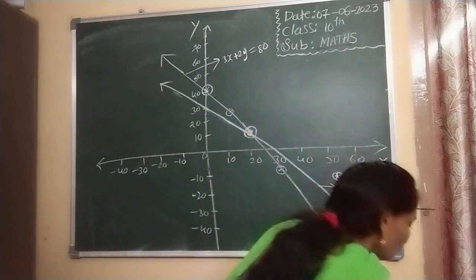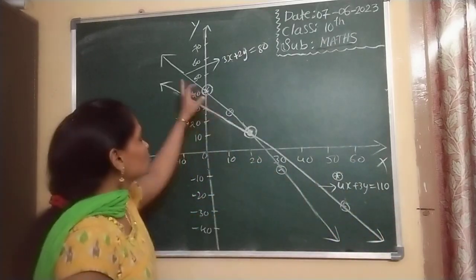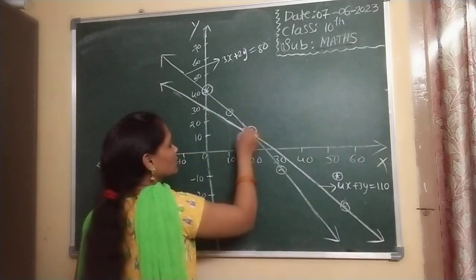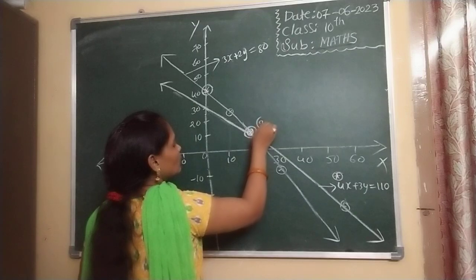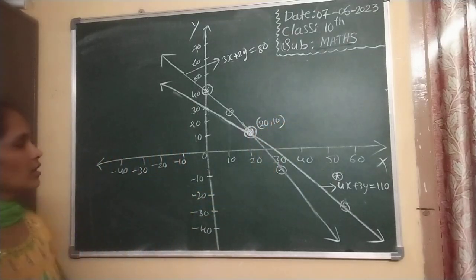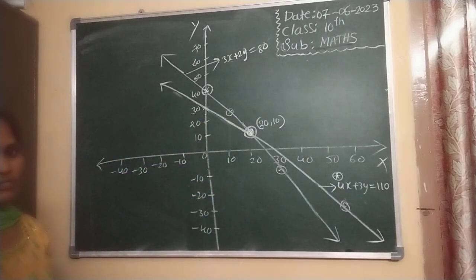Okay. Now we got it. The second linear equation is also a straight line. These two straight lines intersected at one point. See this point. That is 20 comma 10. That is the intersecting point of these two linear equations in two variables, right?